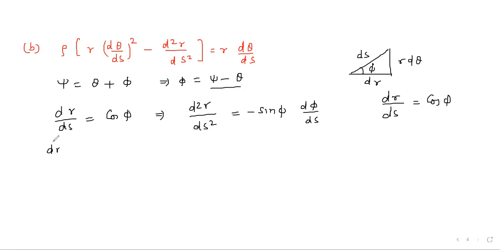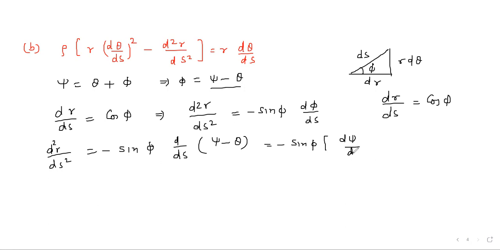So d2r by ds2 equals minus sine phi and d upon ds of psi minus theta. So this will become minus sine phi times d psi by ds minus d theta by ds.